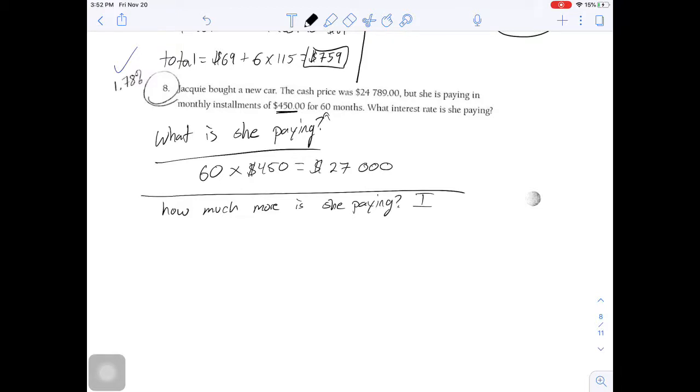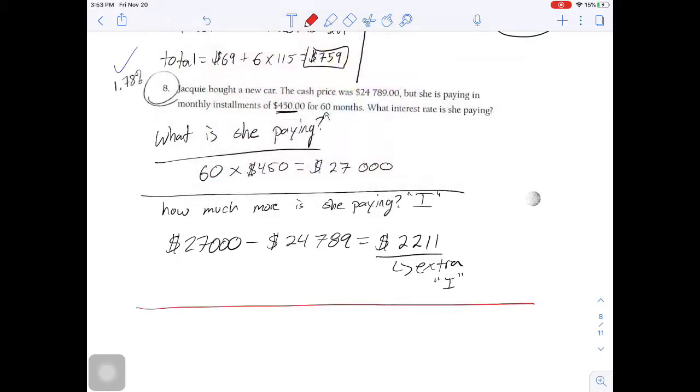Okay, that's I. So we're going to take the amount that she's paying, which is a pretty crappy deal, and subtract the cash price of $24,789 from it. So she's paying $2,211 more. So this is extra because she's doing this financing deal. And remember, when you think of extra, you want to think of, well, that's the interest on this thing.